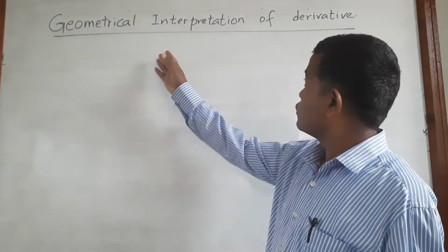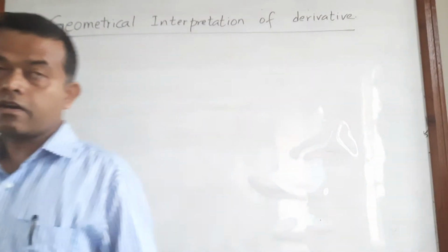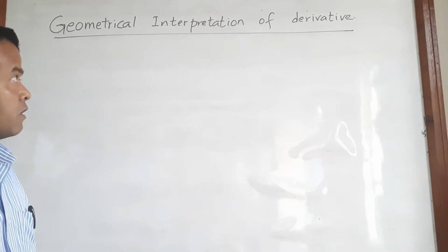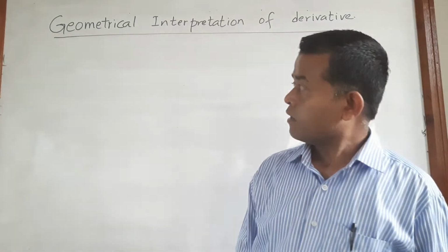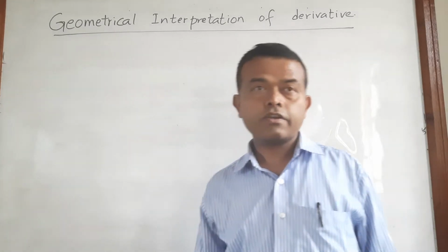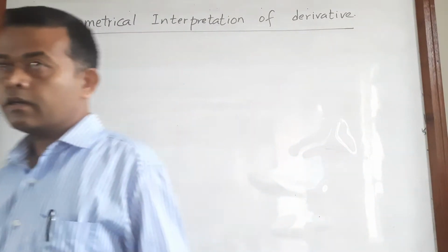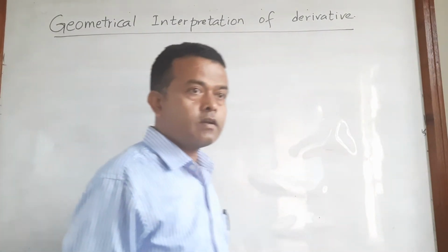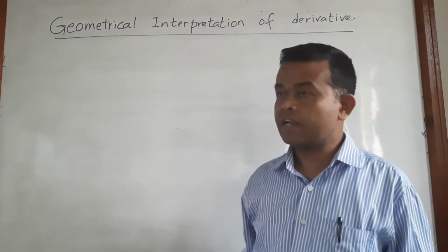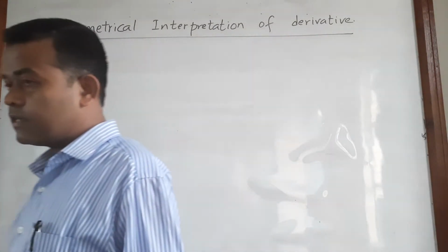Today's topic: geometrical interpretation of derivative. This derivative concept arose while calculating the velocity of a particle moving with non-uniform velocity, or finding the tangent line to a curve.